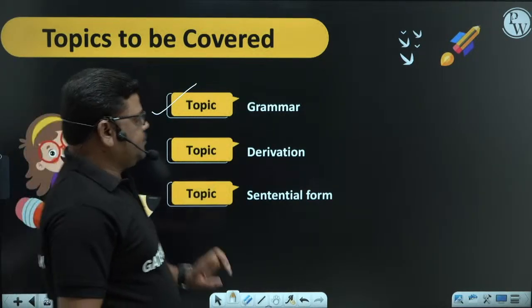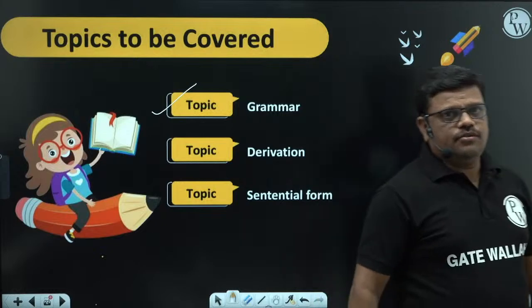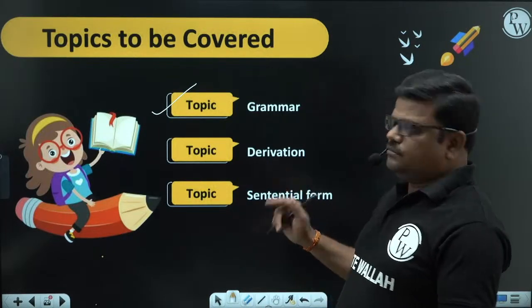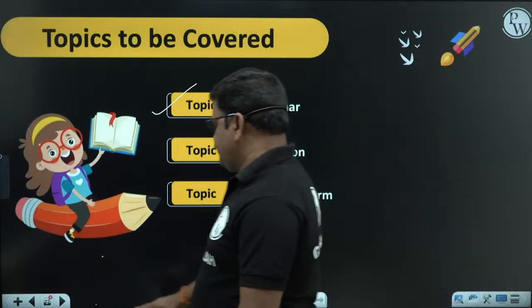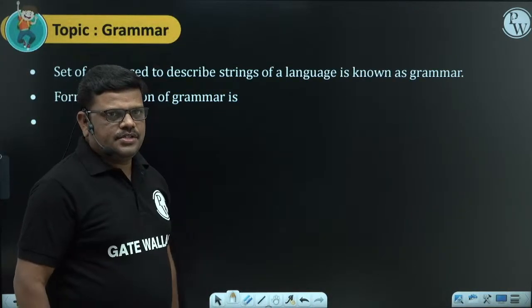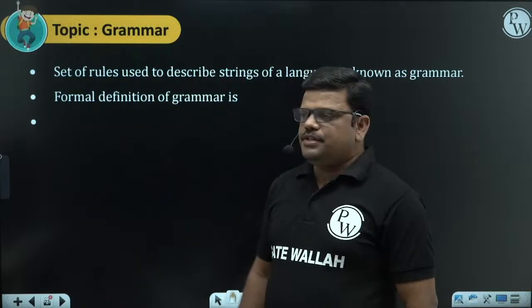We have seen what is derivation. Sentential form was not covered in the previous session; mostly we will see it in today's session. So what is grammar? In our last session, we studied the definition of grammar like this.